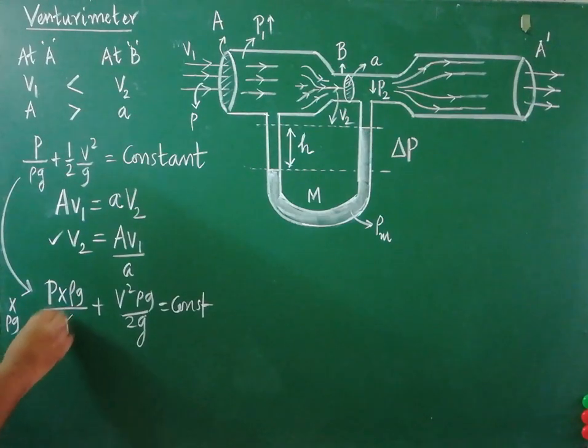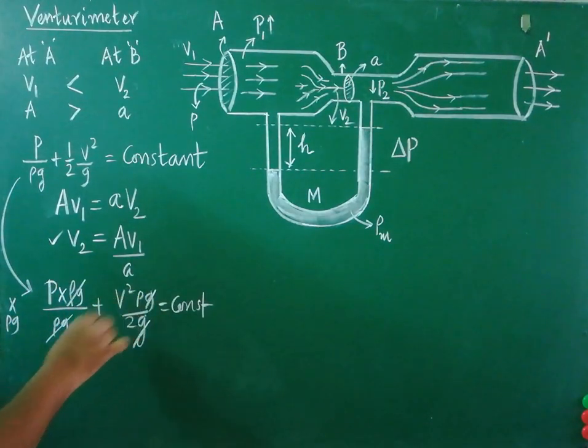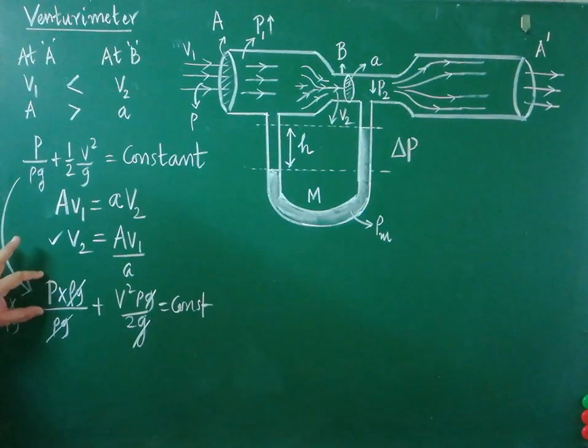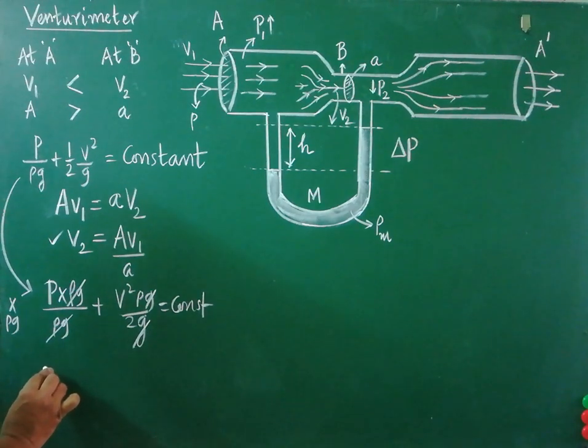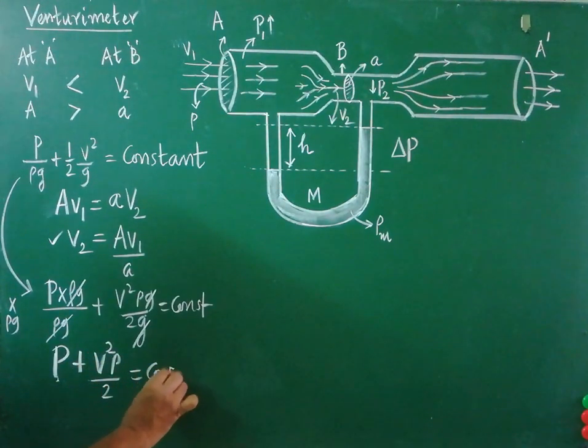Now rho g can be cancelled, g can be cancelled. So what is the remaining thing? Simply P is there, plus v square rho divided by 2 is there. So you will be getting the new equation: P plus v square rho divided by 2 is a constant.